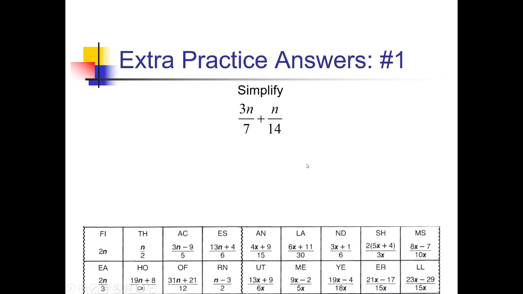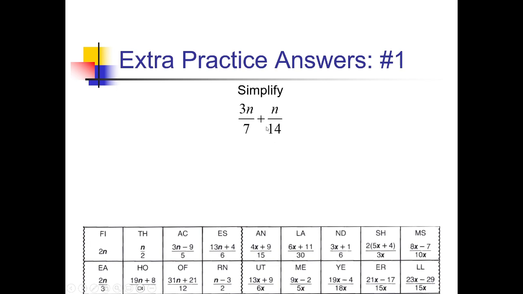So here we go with our opening problem, trying to do 3n over 7 plus n over 14. For all of these problems, my strategy at the very beginning is going to be to figure out a common denominator, get each fraction in terms of that denominator, and then add them together and do any reducing I need at the end.